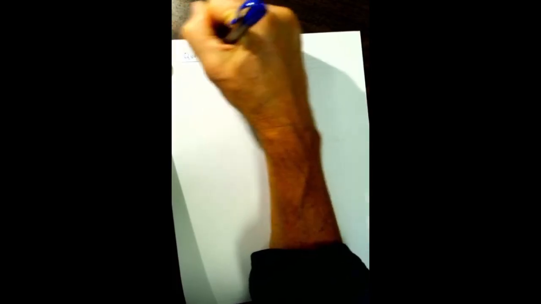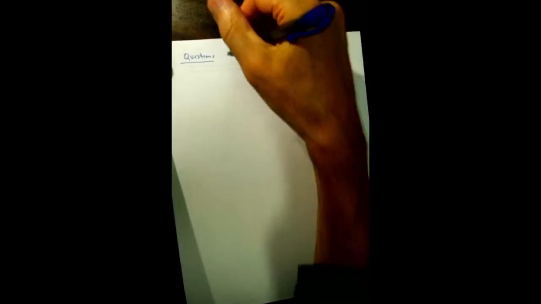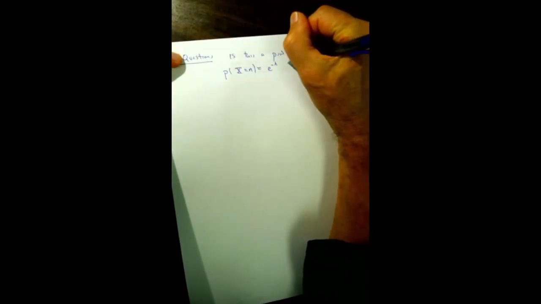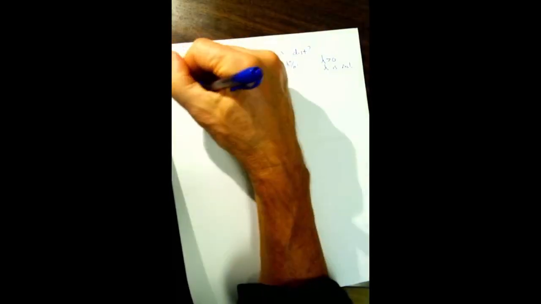Okay. Now you should have questions. The first question is: is this really a probability distribution? Okay, so we have the probability that x is any non-negative integer is e to the minus lambda times lambda to the n over n factorial. And lambda is a real number that's greater than 0. So what's the first thing we need to check?